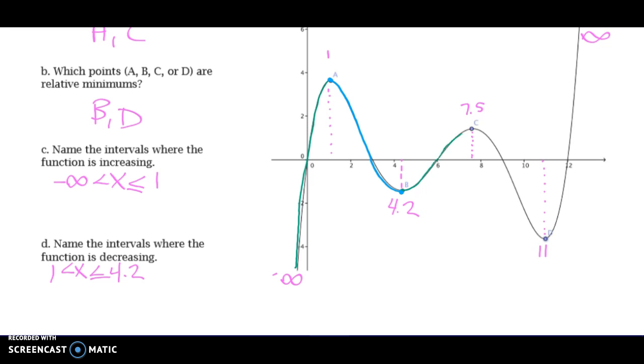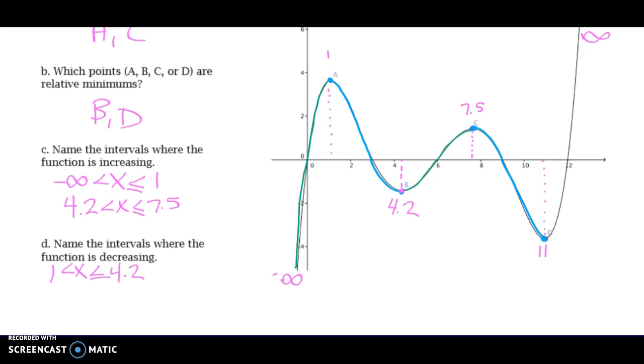Change direction again, and I am increasing. I can see I've increased again, starting at 4.2, ending at 7.5. So I write it down from 4.2 to 7.5. And because that was the first time I used the 7.5, it gets an equal sign. Change direction, I'm decreasing again. From where to where?